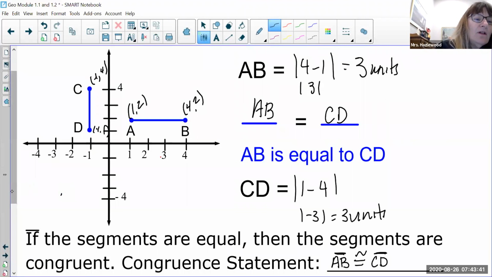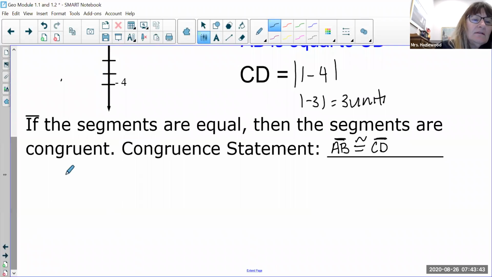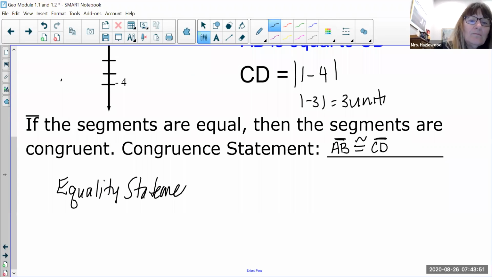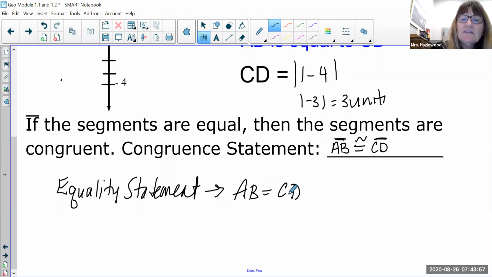So equality statement: AB is equal to CD. So that's an equality statement. There's no bar above those letters. We're talking about the length of it.